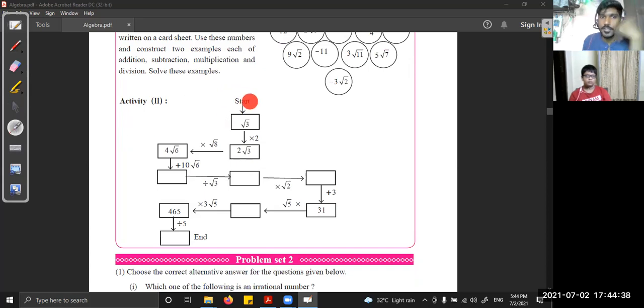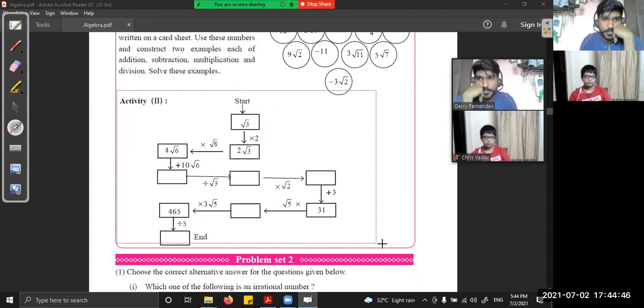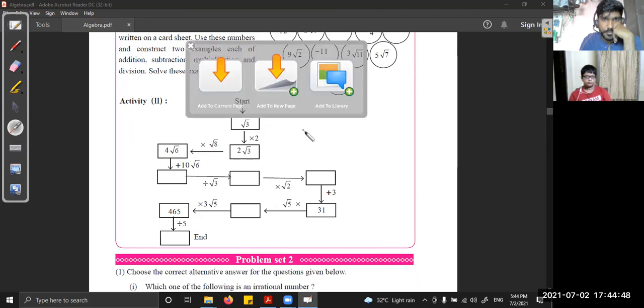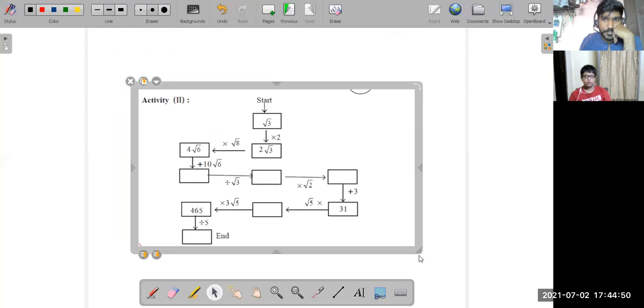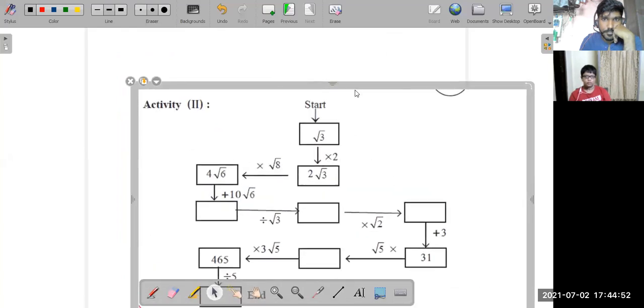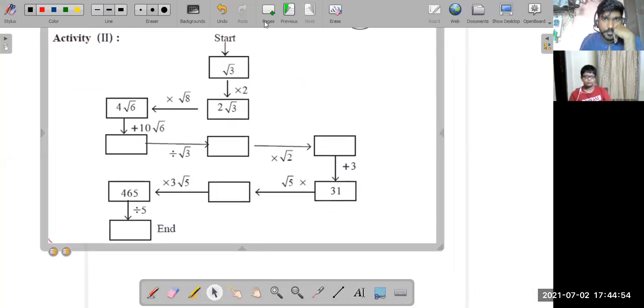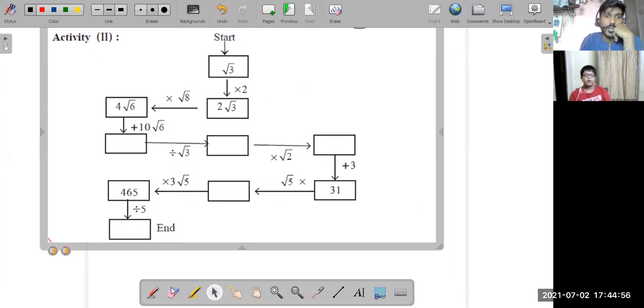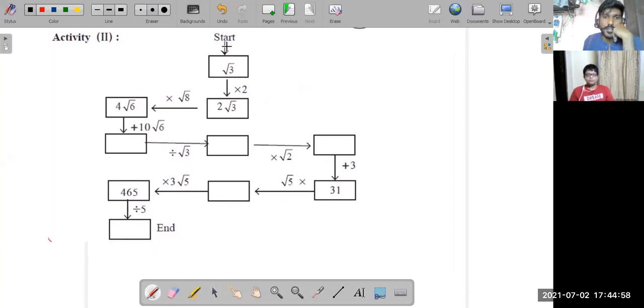So it starts here. First is root 3. Root 3 multiplied by 2 will give you 2 root 3.